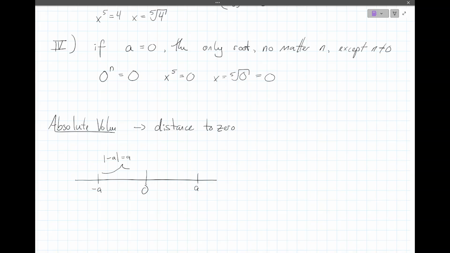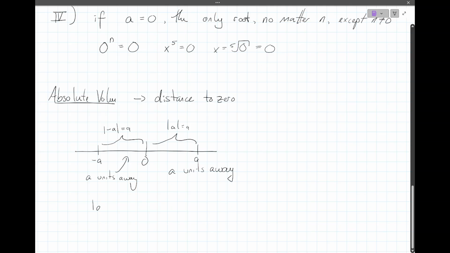This is a units away from 0. And here, the absolute value of -a is a, and this is also a units away, where a stands in for some number. So it's always measuring how far a is from 0.